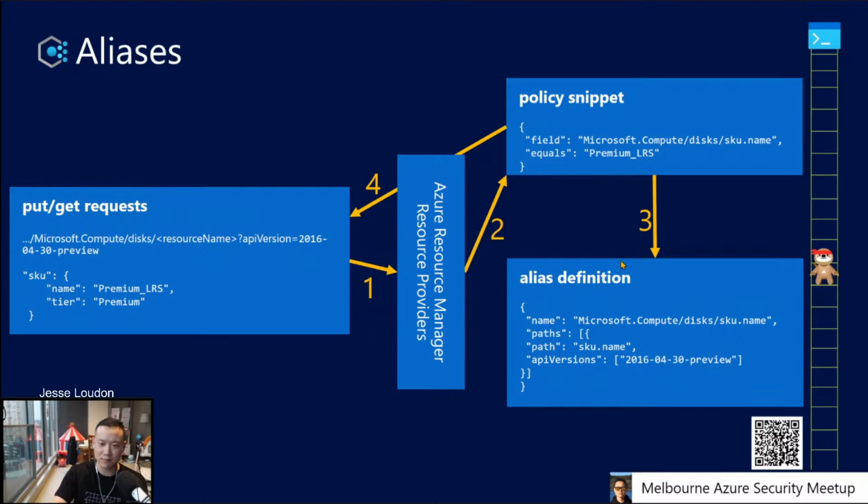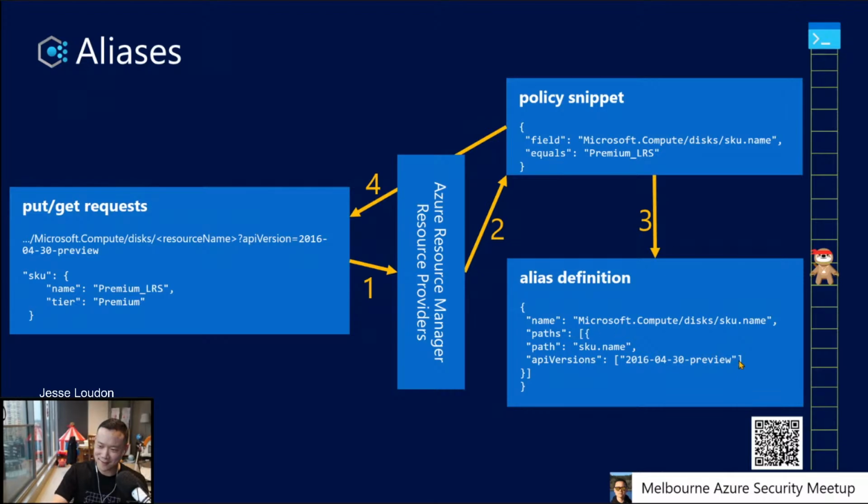Then it goes and looks at that exact path in the put get request to make sure it can evaluate against that request coming in. And if this value was not premium LRS, the policy engine would deny or audit this request, depending on what your effect is for the policy.